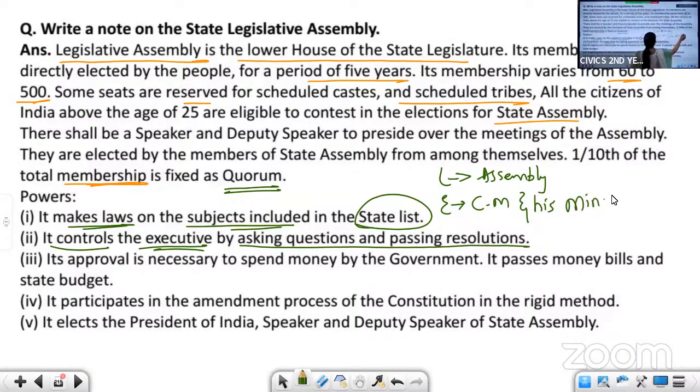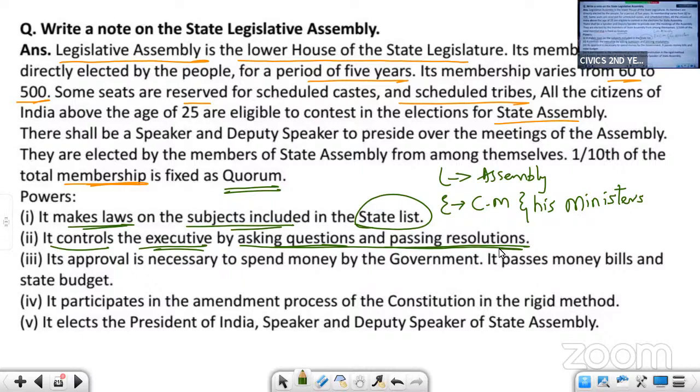The chief minister and his ministers are controlled by the legislature. How? By asking questions on their policies and programs, on the decisions taken by the executives, and if they are not satisfied, they'll pass resolutions. So the legislature is controlling the executive.